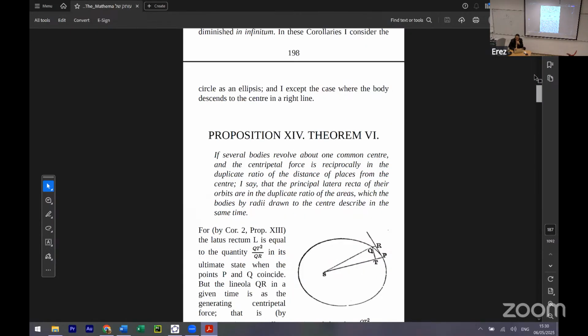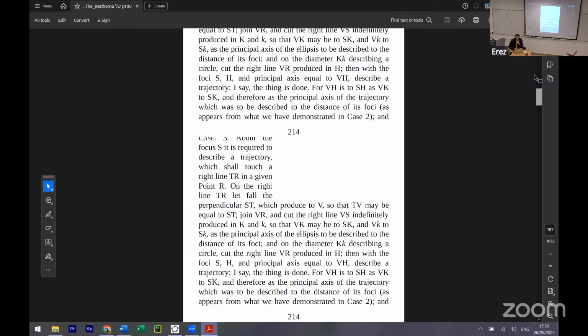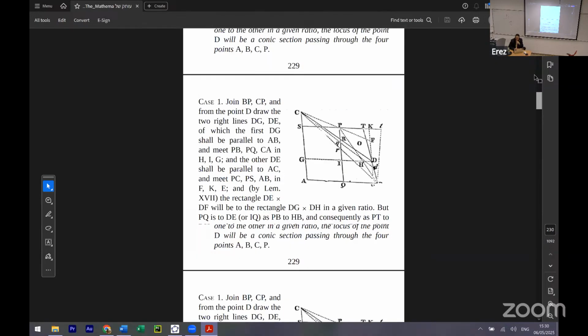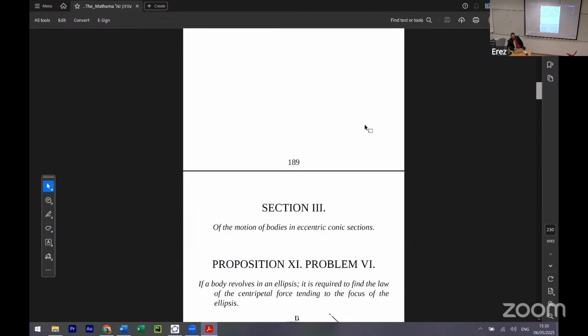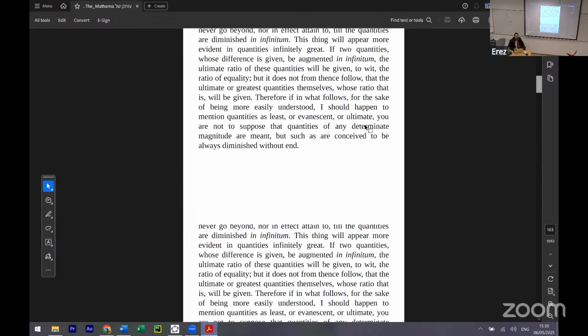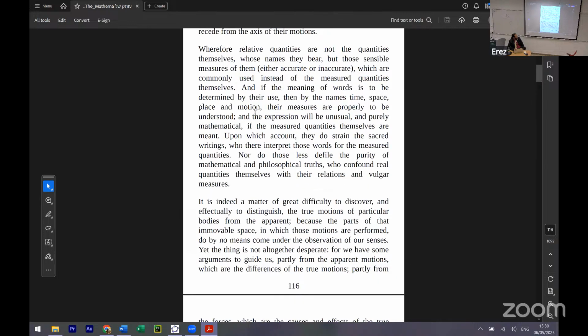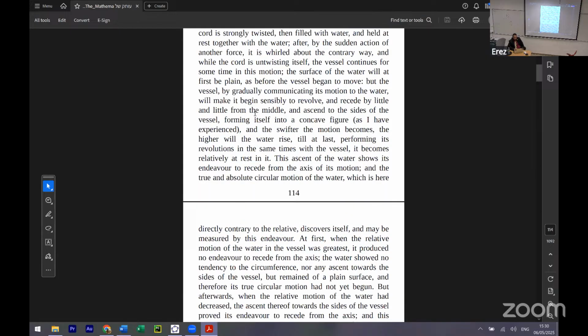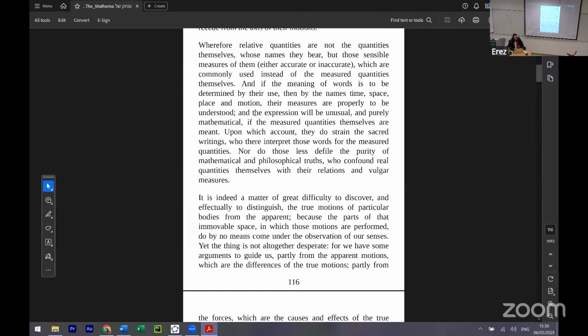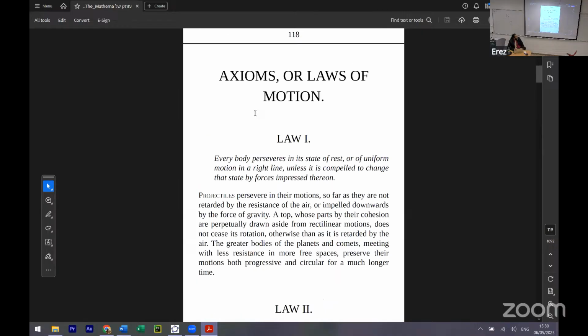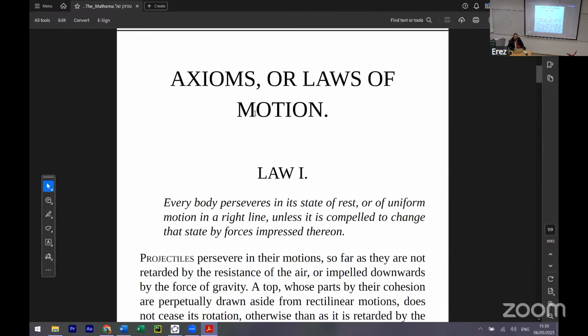Closer, yes. Okay. Sorry, I'll take 5 minutes of your time, maybe even less. These are Isaac Newton's. You're not seeing what I'm seeing. Oh, yes. These are Isaac Newton's laws.